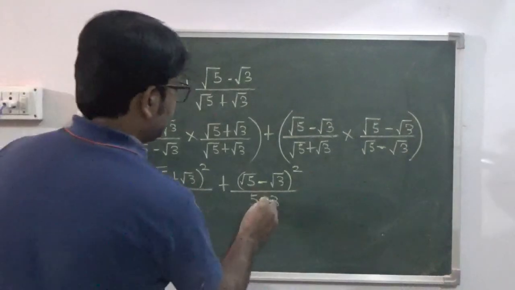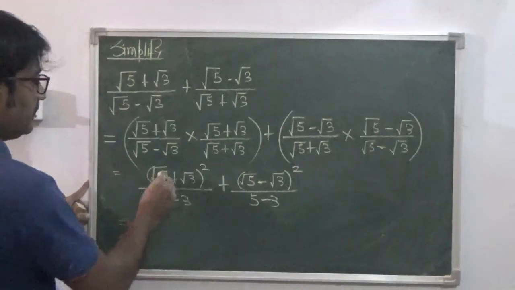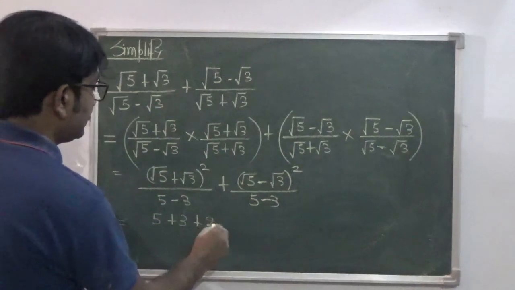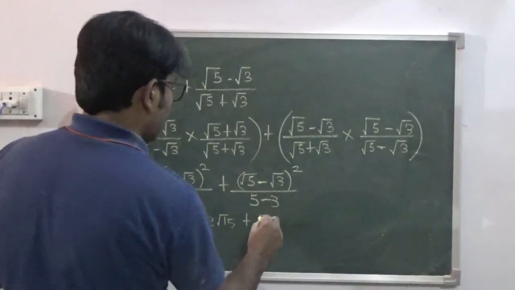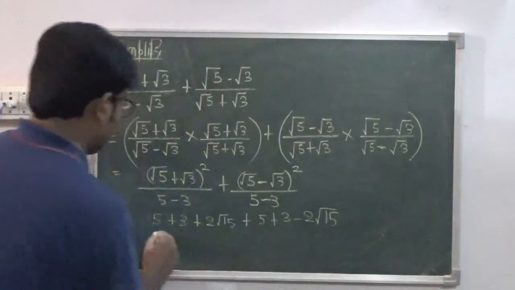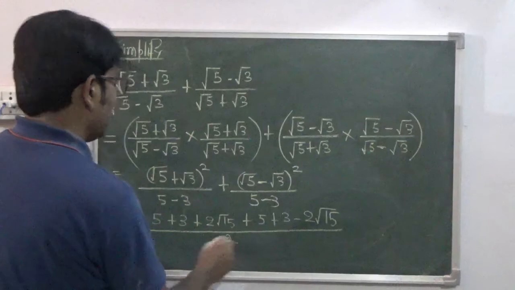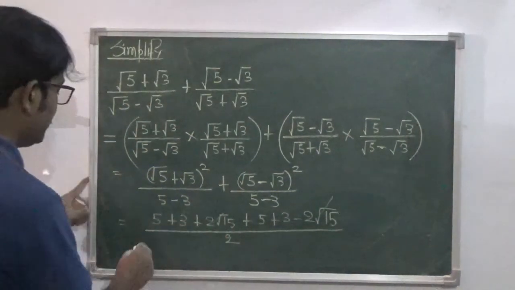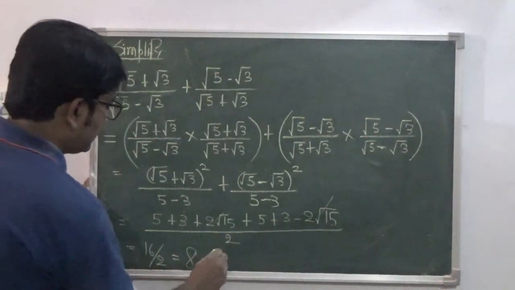So it will be 5 plus 3 plus 2 root over 15 plus 5 plus 3 minus 2 root 15 divided by 2. So this 2 will cancel out. 10 plus 6, 16 by 2 equals to 8. Now the answer is correct.